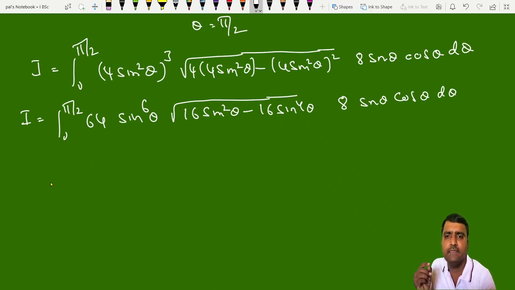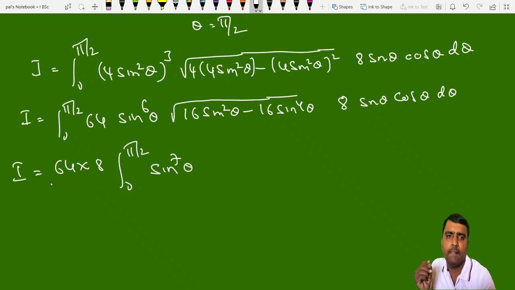Okay, so take this 8 outside from that integral. So I is equal to 64 into 8, integration from 0 to pi by 2, sin to the power 6 theta into sin theta is sin to the power 7 theta into cos theta into square root of, here you take 16 sin square theta common factor.